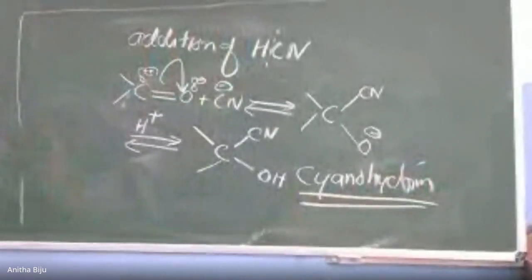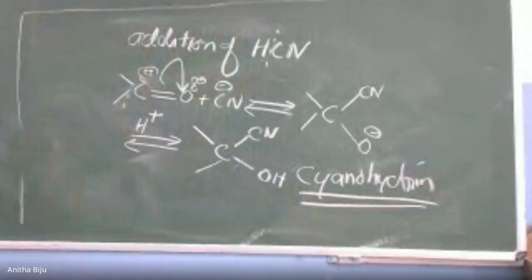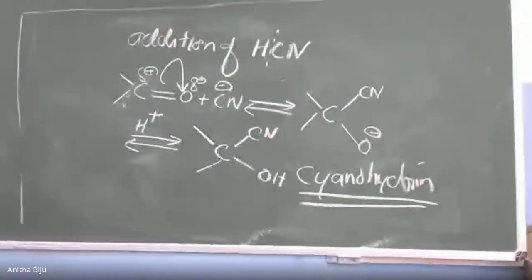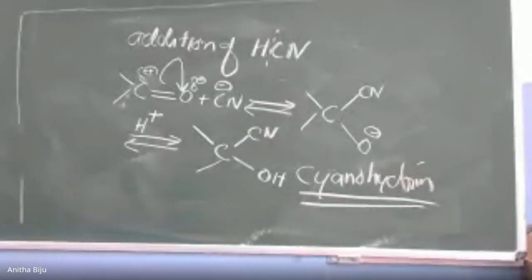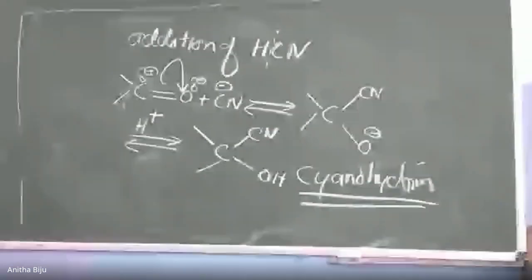So you can write the product like this. When hydrogen cyanide is added to the carbonyl group, the product obtained is called cyanohydrin. And the reaction takes place very slowly. So in order to speed up the reaction, we can add a base as a catalyst.